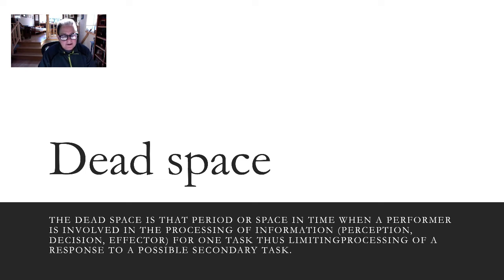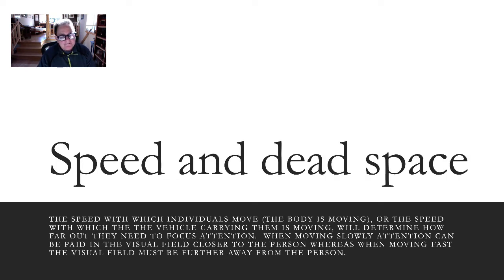So think about this. The faster that somebody is going relates to the dead space. So if a person is moving very slowly, she or he may set the visual field in a space that's somewhat close to him or her to be able to pick up information, obviously that's close, but it's going to take some time for that individual to actually get to that place.